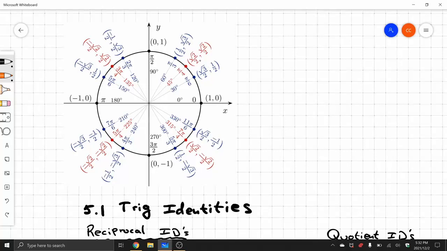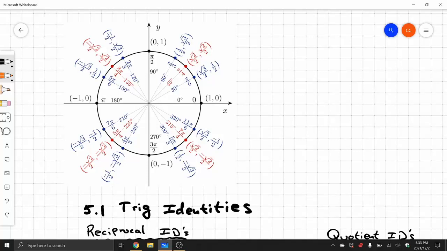So if I'm given the cosine of pi over 3, where can I find an angle where I have a sine that's equal to that cosine? Here my cosine is 1/2. Where can I find an angle that has a sine of that same 1/2?